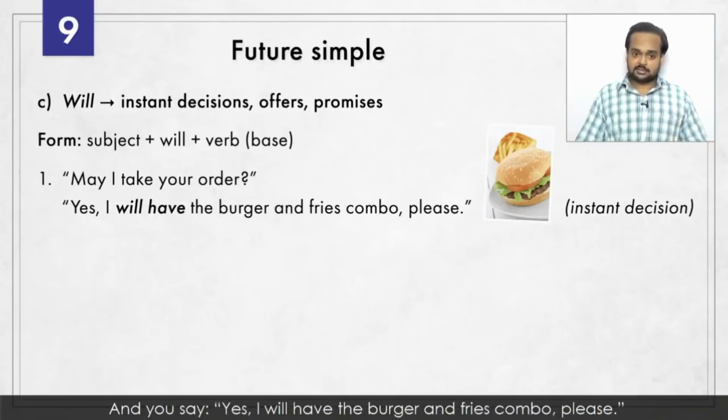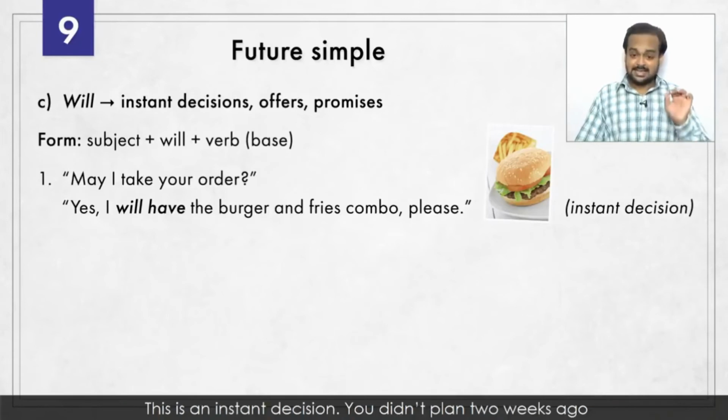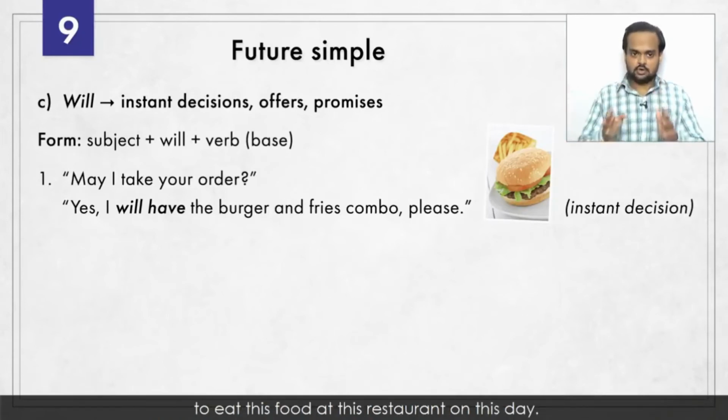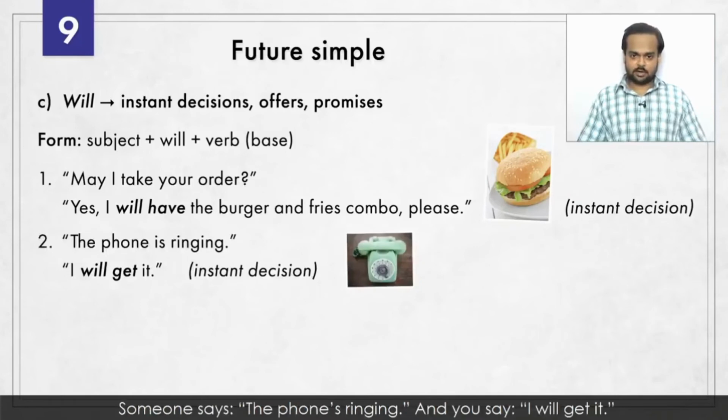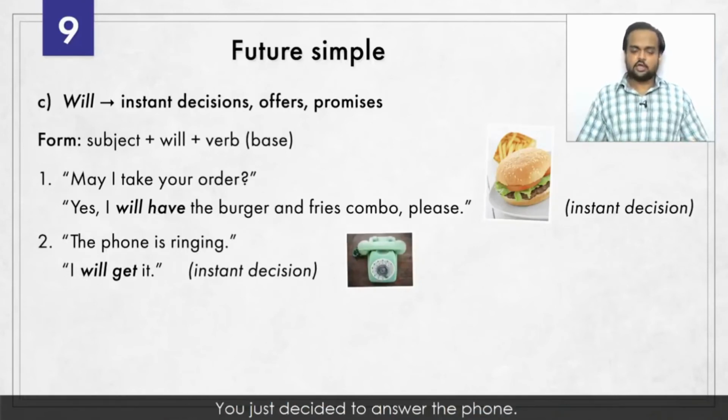And you say, "Yes, I will have the burger and fries combo, please." This is an instant decision. You didn't plan 2 weeks ago to eat this food at this restaurant on this day. You just made the decision now. Here's another example. Someone says, "The phone's ringing," and you say, "I will get it." You just decided to answer the phone.